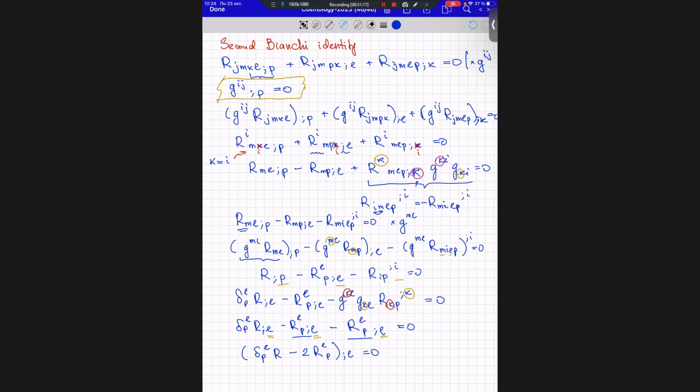If we want to write it in a more convenient way, we can multiply this by G K P. If we apply the metric tensor to each of the summands under the parenthesis, we will have K L R minus 2 R K L covariant L equals 0.